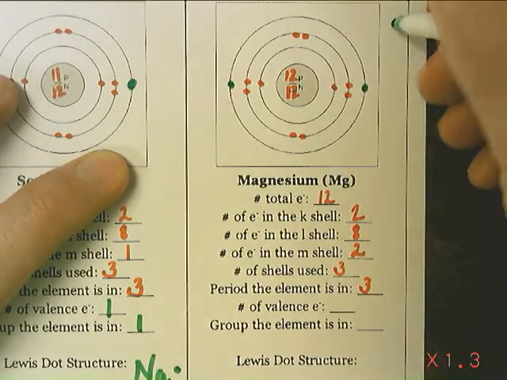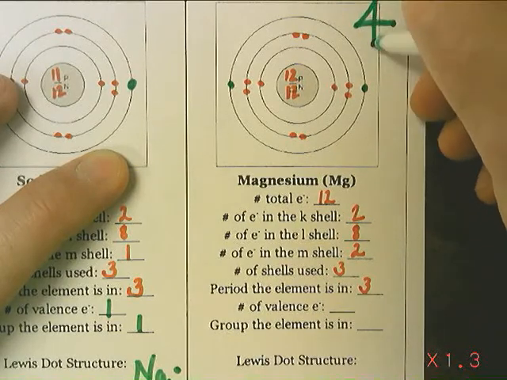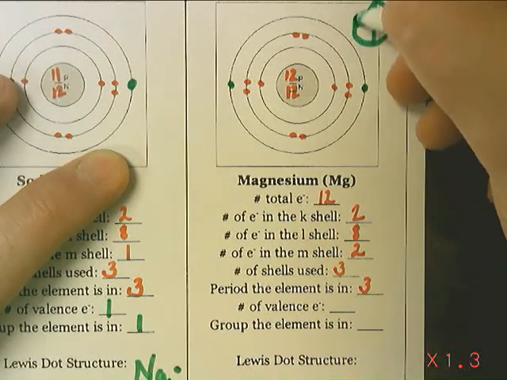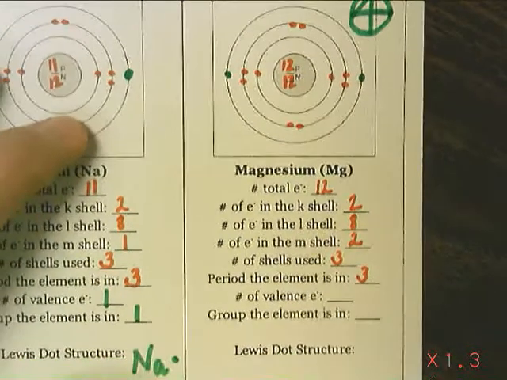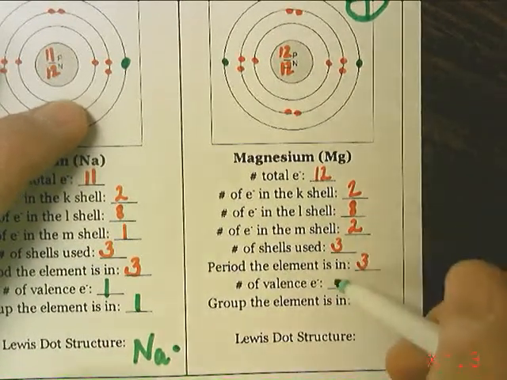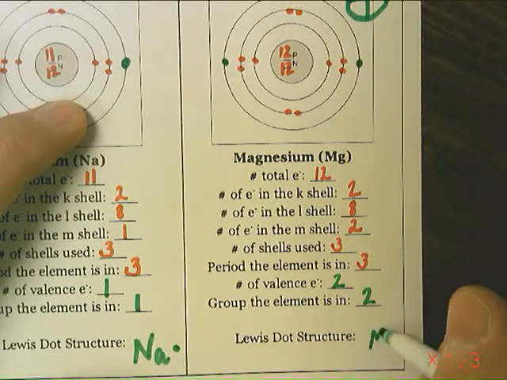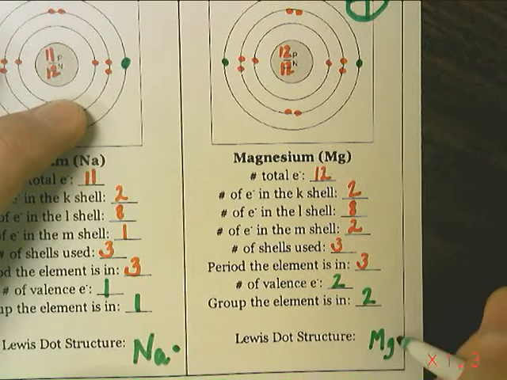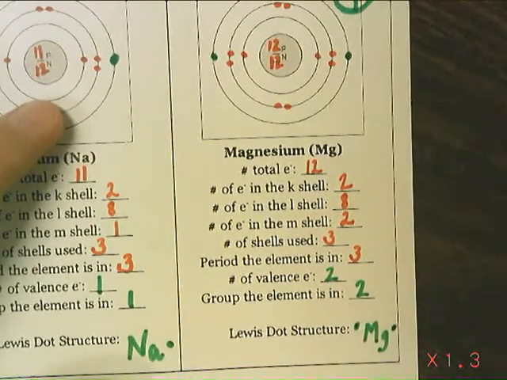And that's right to left, top to bottom, fill around. Okay, anyway. So we have 2 valence electrons. It's in group 2, magnesium. Dot structure looks like that.